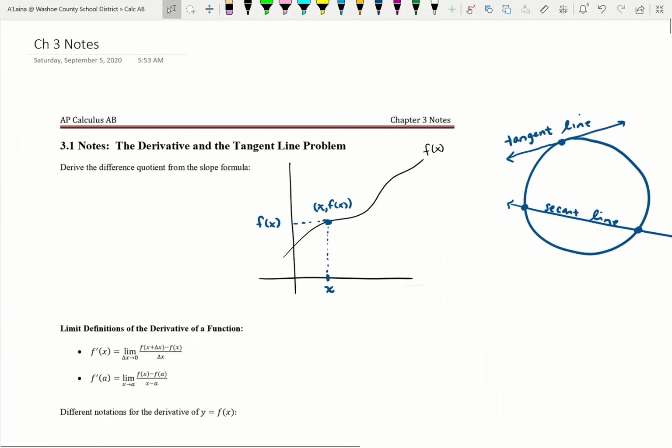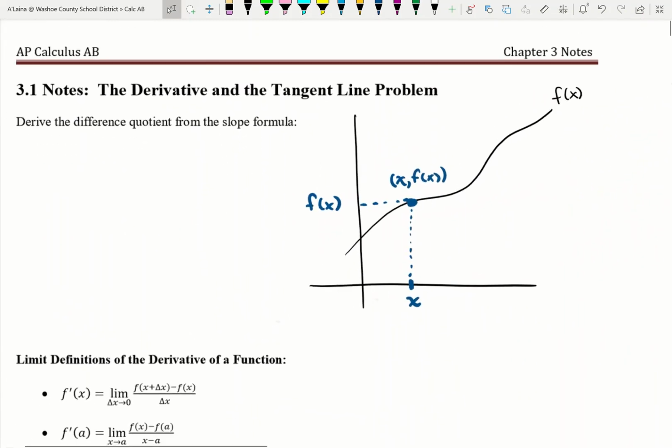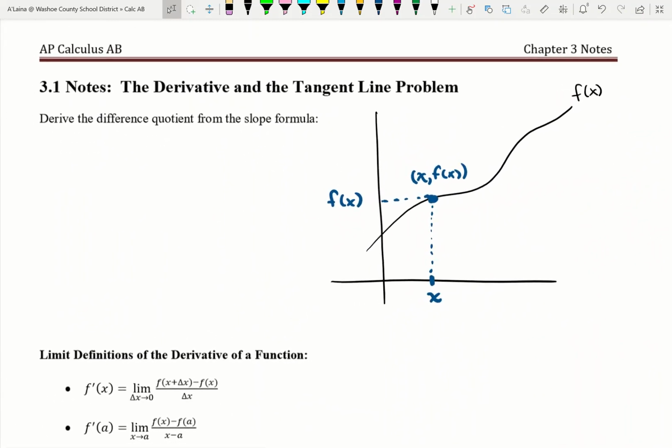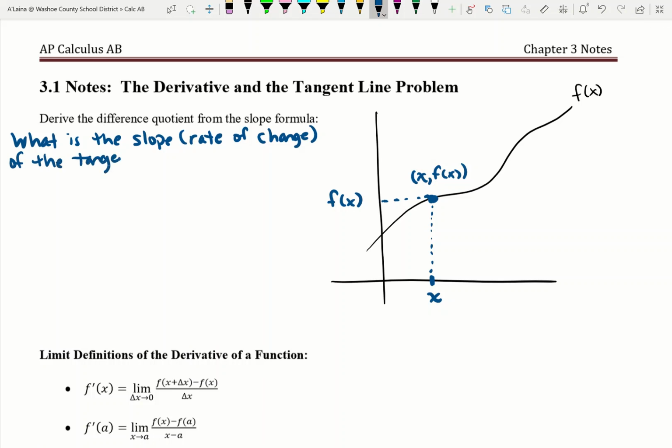We're going to actually be able to talk about tangent lines and secant lines in relationship to functions as well, not just to circles. So if I am interested in a tangent line, here's the central question that I would like to explore. What is the slope or the rate of change? We want to make sure that we are associating slope with rate of change of the tangent line of f of x drawn at x.